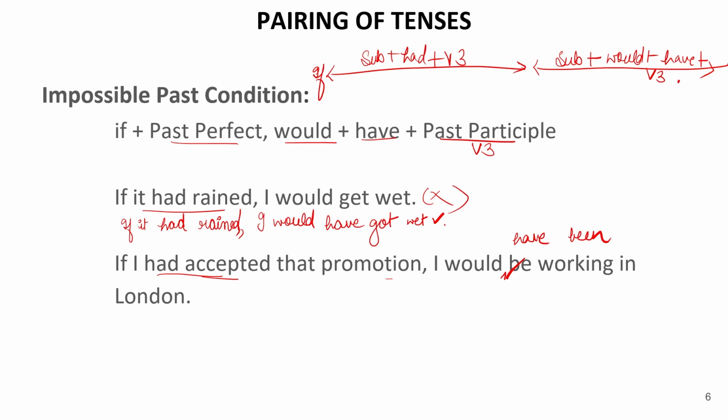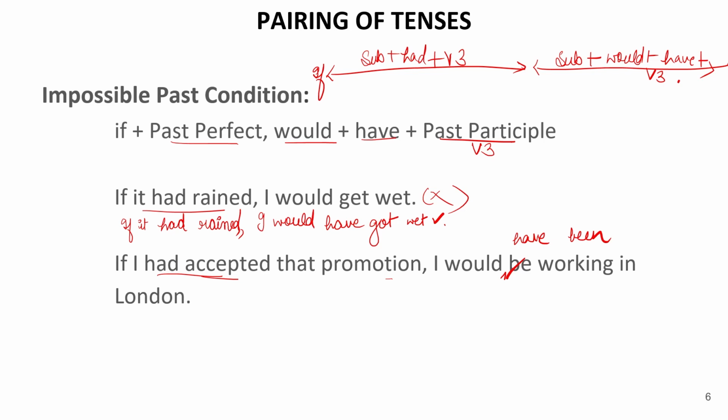Now, in this sentence, one more sentence can be formed over here: if I had money, I would give it to you.